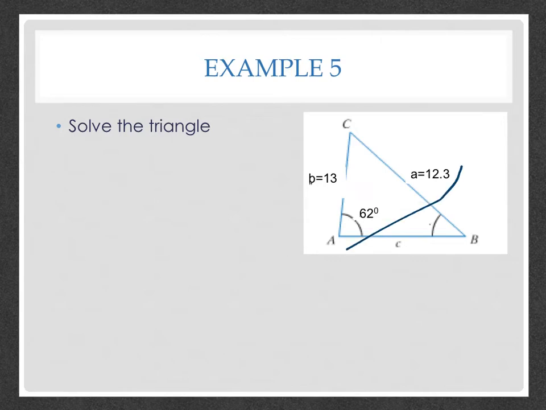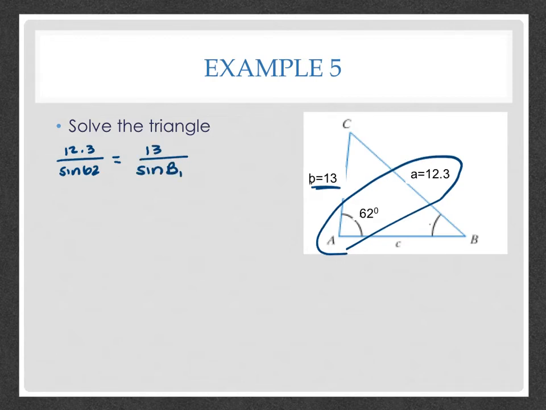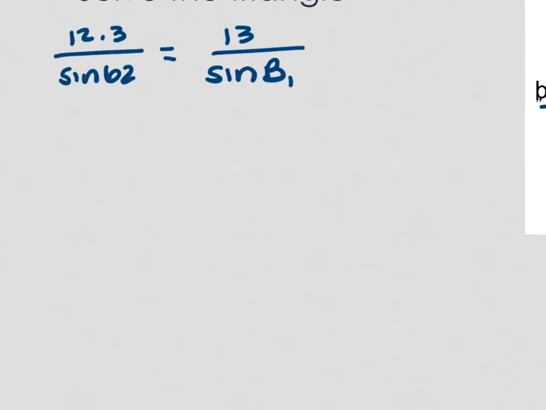Again, I'm giving all the information for A. So I would start with 12.3 over the sine of 62 degrees equals, the other thing I have information on is B. So 13 over, we're going to call this sine B1. We're going to cross multiply.